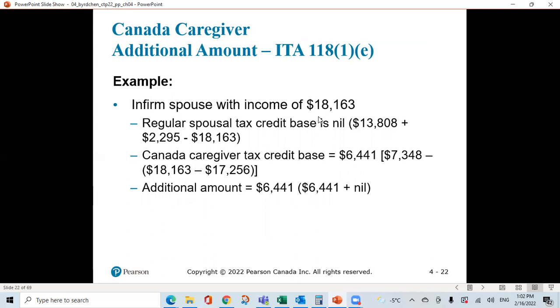You have your caregiver tax credit base of 6,441. Then your additional amount is 6,441. That's how you calculate the additional amount. So that is for the Canada Caregiver credit. If you want, please do some exercises in your textbook to have a better understanding of the rules.